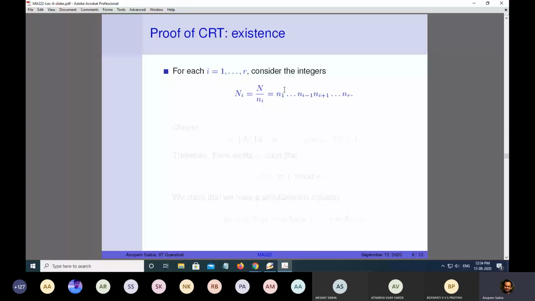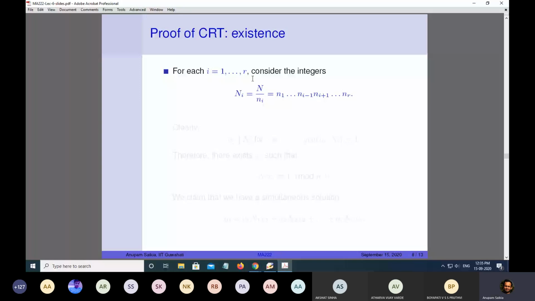So capital N1 is n2, n3 up to nr. Capital Nr is n1, n2 up to n(r-1). For example, capital N3 is n1, n2, then n4 up to nr; you just omit n3 in the product.